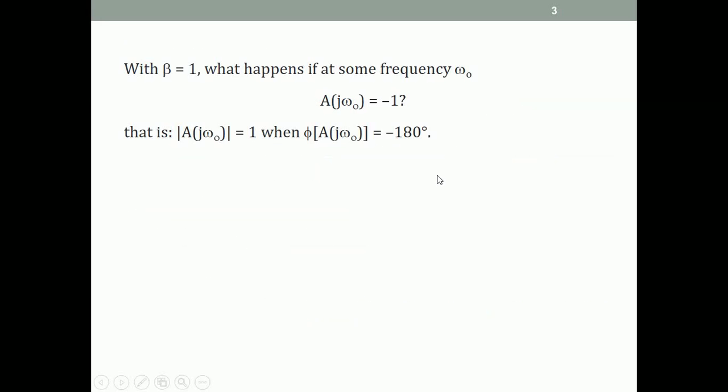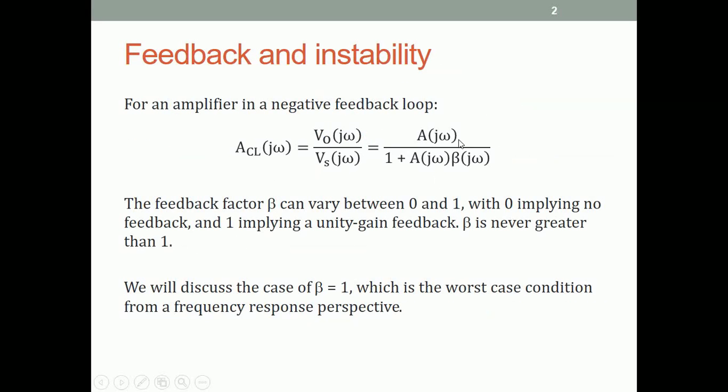What happens if A of j omega 0 becomes minus 1 at some frequency omega 0? What happens to this amplifier? So we've connected an amplifier in a negative feedback loop. You made it a unity gain feedback, and it so happens that the open loop transfer function is such that at some frequency omega 0, A of j omega 0 is minus 1.